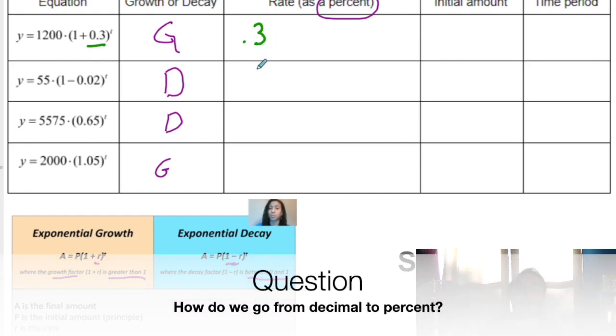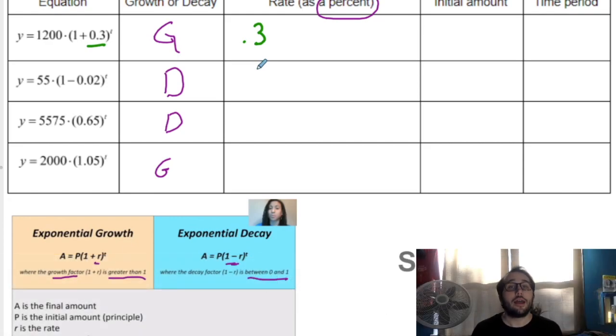So how do we go from decimal to percent? Yeah, so if you remember in the video, Miss Fu said you just move the decimal place over to the right 2 spaces if you want to make it percent. So I'm going to do that. So 1, 2, this is my new decimal place. And since I have a space here, I got to fill it with a 0.